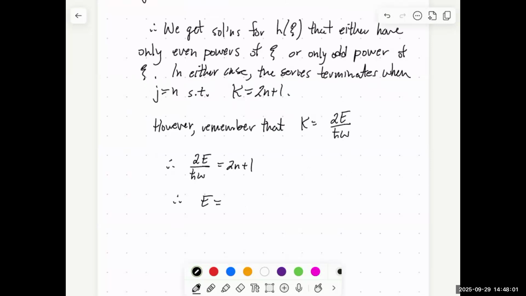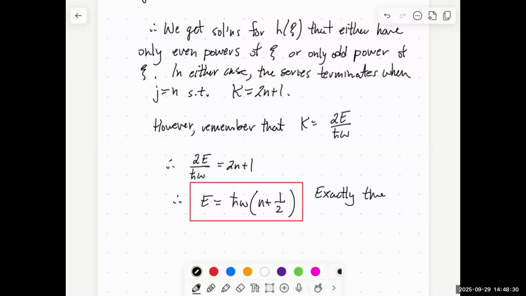E is going to be, when we divide by 2, n plus a half, and then we multiply by h bar omega: E equals h bar omega times (n plus 1/2). This is exactly the energy of our stationary states that we found when we factored the Schrodinger equation and made these raising and lowering operators. So this is exactly the same as before.